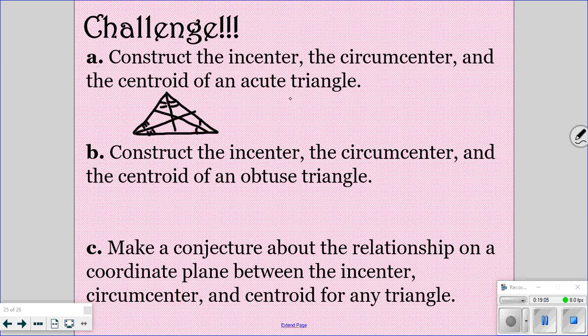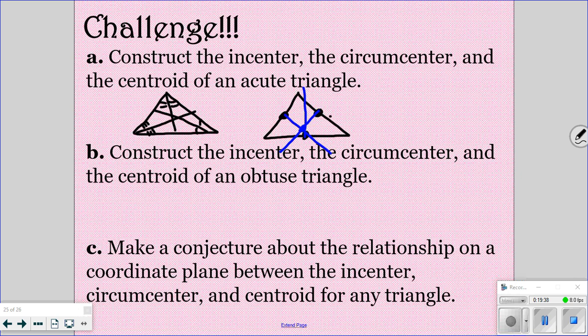The circumcenter is where you have your perpendicular bisectors, and so these are your midpoints, we'll say. And if you draw it perpendicularly, well, that didn't go so well. Your circumcenter is the only one that does not have to go through the vertex. So that could be your circumcenter.